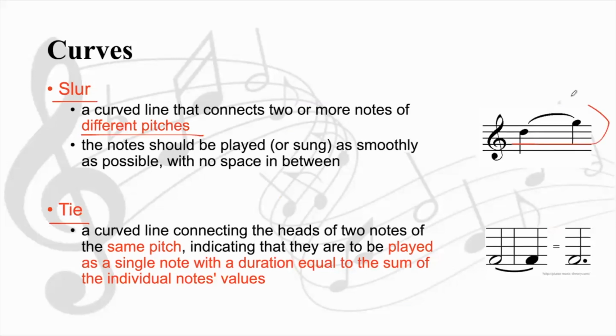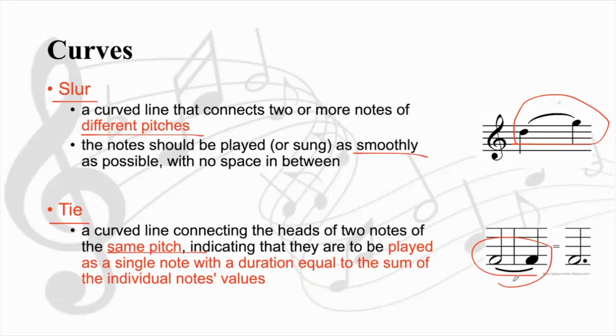Because they are different pitches, there's a slur, which means every note should be played or sung in a smooth way, as smoothly as possible. And a tie means they are the same pitch.